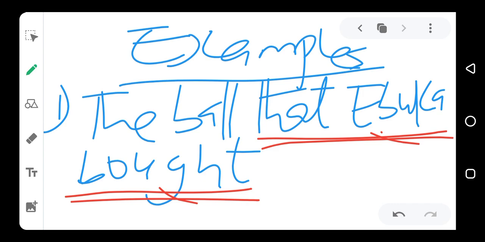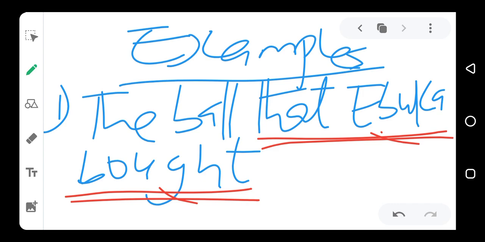Now, which type of clause is this? That Ebuka bought is a dependent clause. It cannot stand on its own. A dependent clause cannot stand on its own. It needs something else to make the sentence complete.